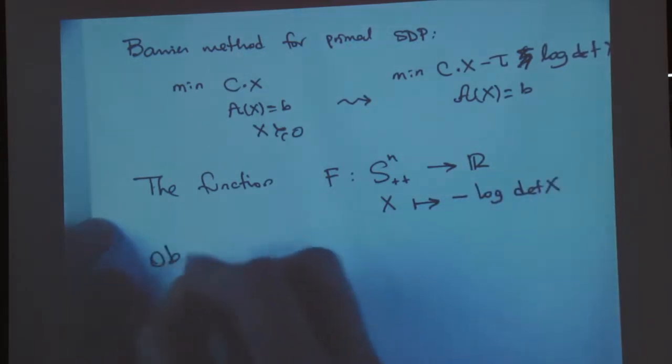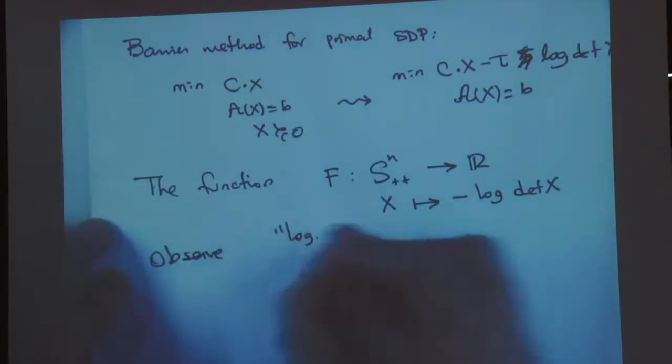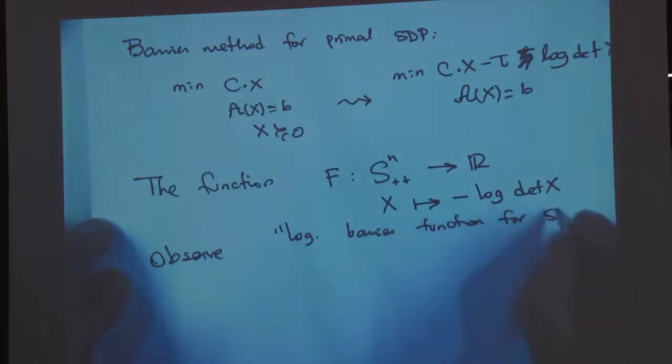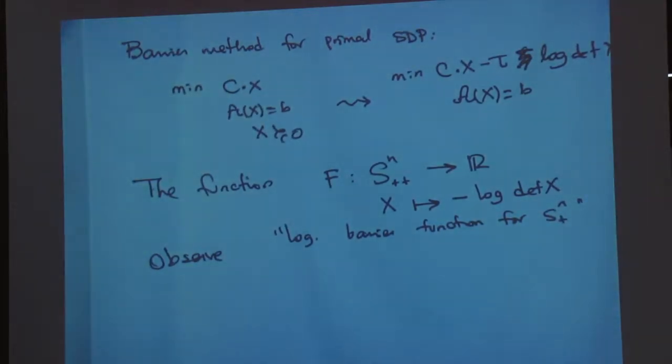So this is called the logarithmic barrier function for Sn plus, for the cone of positive semi-definite matrices.